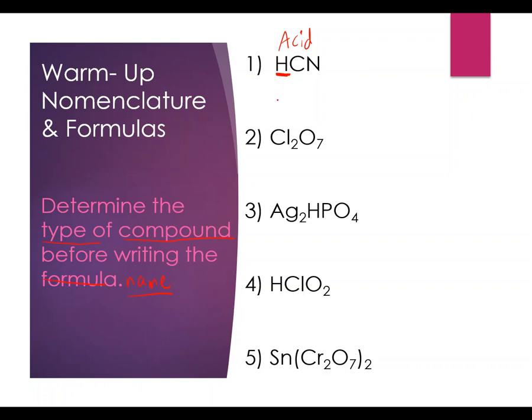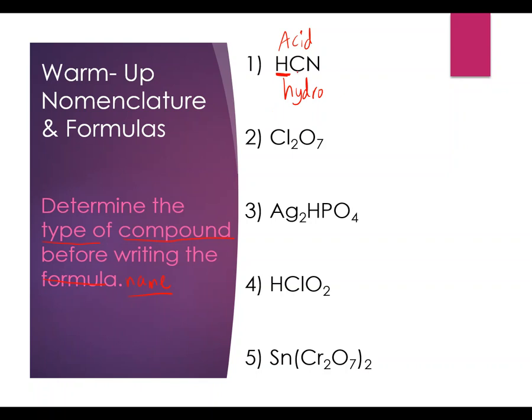Does it have oxygen or does it not have oxygen? HCN, do not see any oxygen. Good. So, what is the system of naming when there isn't any oxygen present? What do we need to have? Hydro. Good. So this is going to be hydro.